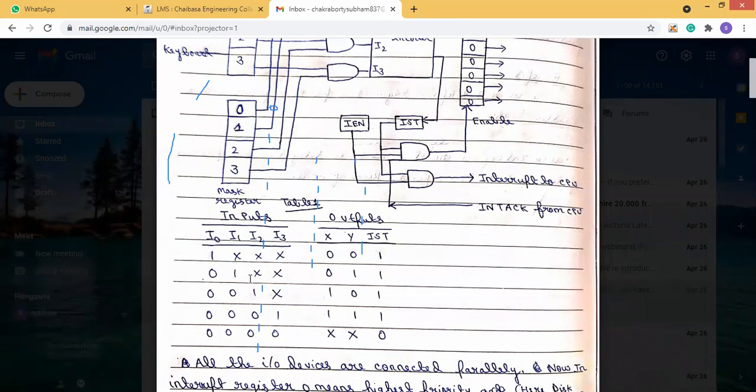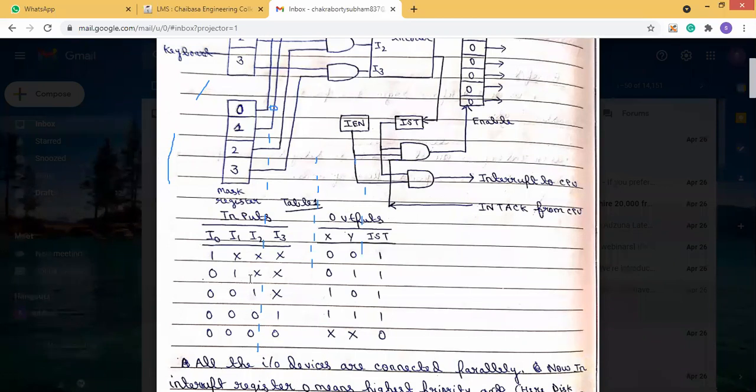So 1 is considered. And for the others, keyboard and reader, whether they generate interrupt or not, we will not consider that, because we always consider the highest priority interrupt. Other input devices may generate interrupt or not, we will not consider that. In that case, we will use don't care condition.